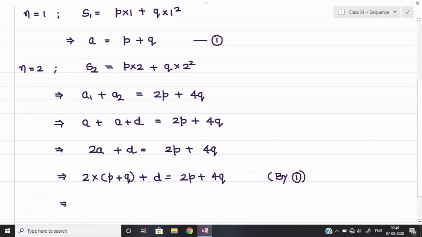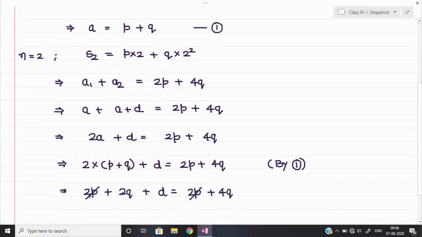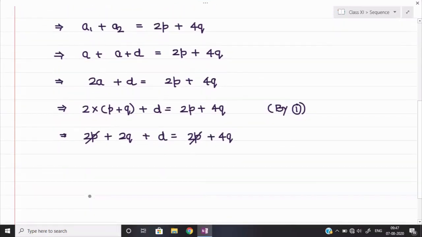Now 2 we can multiply inside, that will be 2P plus 2Q plus d is equal to 2P plus 4Q. 2P and 2P we can cancel directly because both are the same term lying on either side of the equation. Now 2Q I am sending to that side, so d will be equal to 4Q minus 2Q. 4Q minus 2Q will be equal to 2Q, so d will be equal to 2Q.